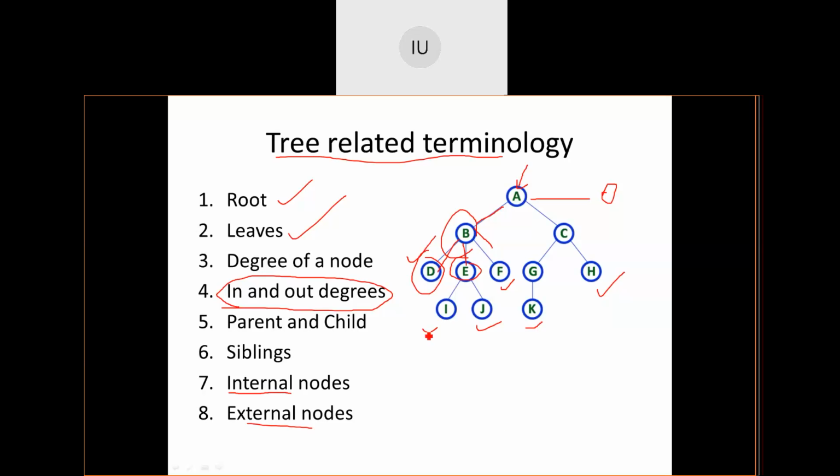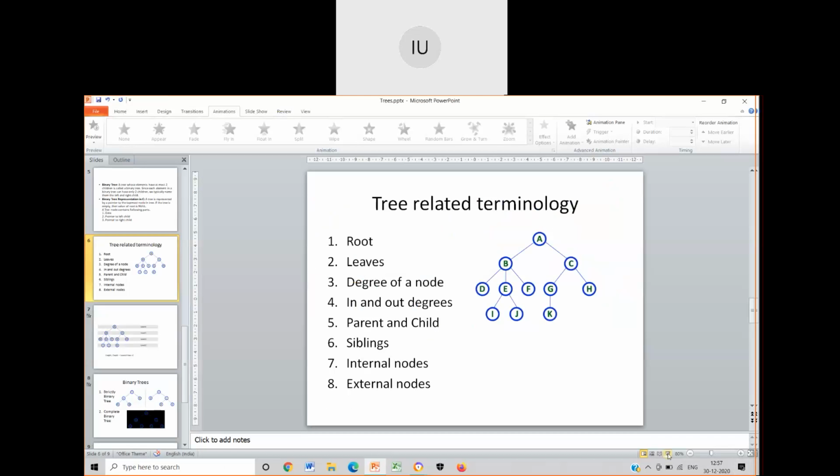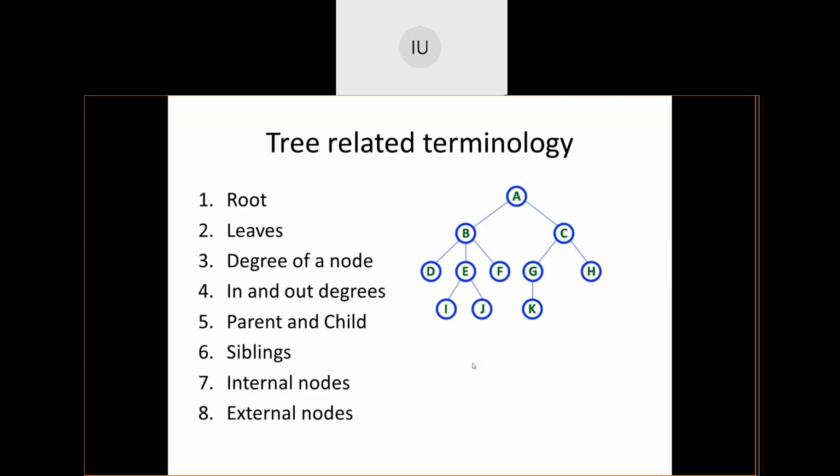So tell me which are the external nodes in the tree that I have shown. Okay, which are the external nodes? Can I take up A? A being the root, I'll consider it an external node.